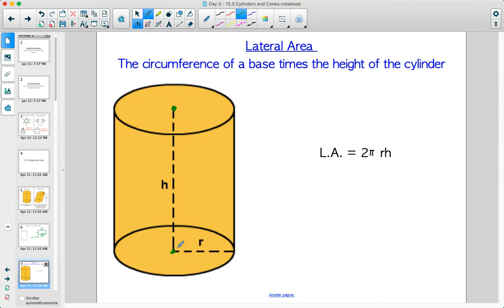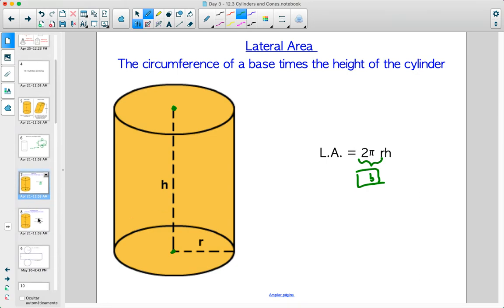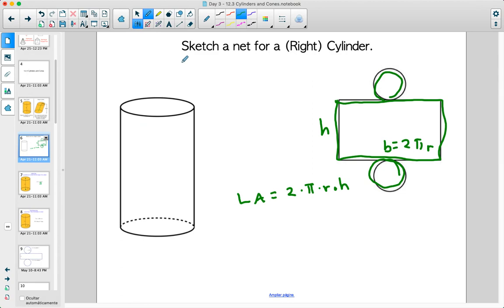So it kind of makes sense, right? Because we know that this is just the circumference of a circle. Or in our case, that's just like the base. That would be just like the base of the rectangle. Okay? And then how tall the solid is. All right, let's go ahead and now look at the total surface area.